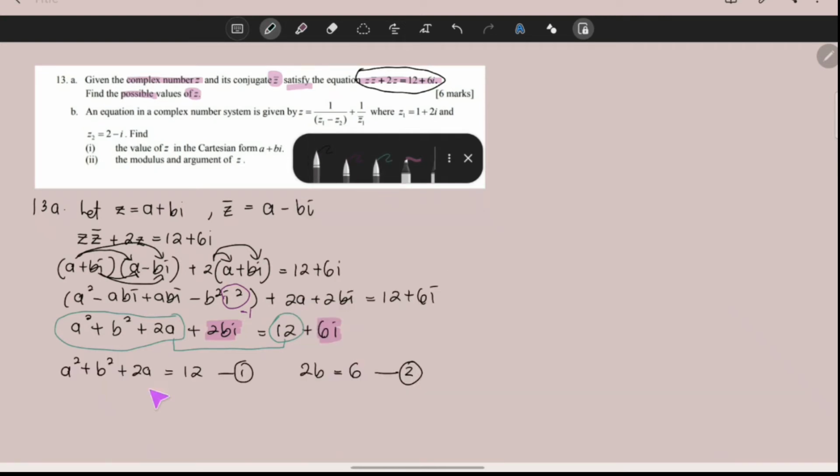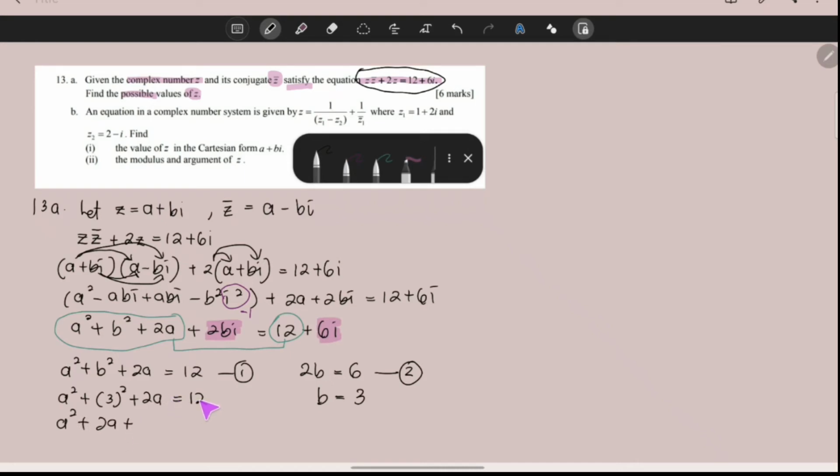Okay, from the simultaneous equations, as you can see, here is the first, the real part, and this is the second, the imaginary part. As you can see, there is no i here. Yes, you may write the i, but I suggest you don't have to, because it will cancel out each other. So from here, 6 divided by 2 is 3, so you already know that b is 3. So you substitute the value of b here, and then you are going to solve the quadratic after you rearrange like this.